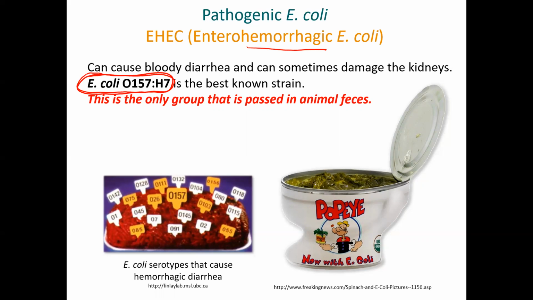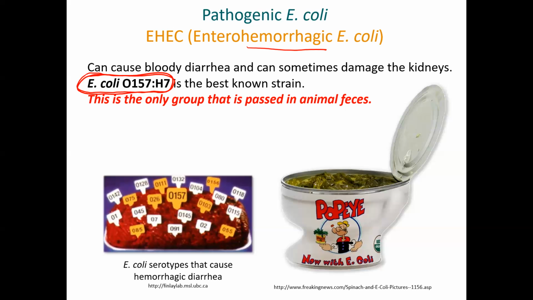You can see somebody making fun of a spinach recall. There was a big romaine lettuce recall about two years ago. I remember there was a sprouts recall. There have also been cases associated with certain restaurants. There was an outbreak many years ago at McDonald's with this particular organism.